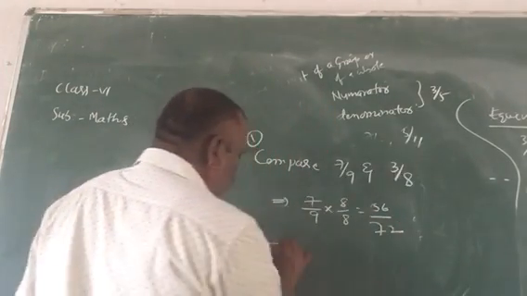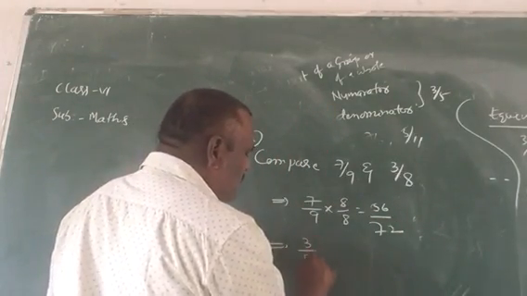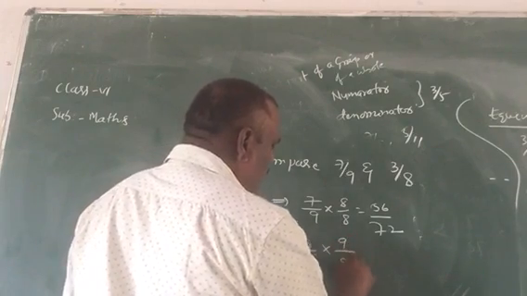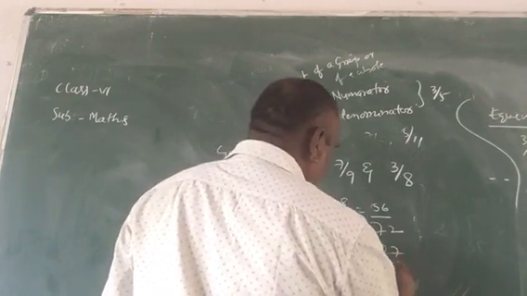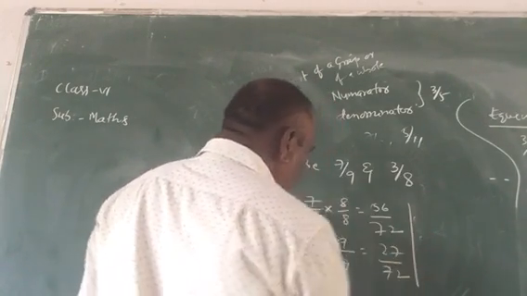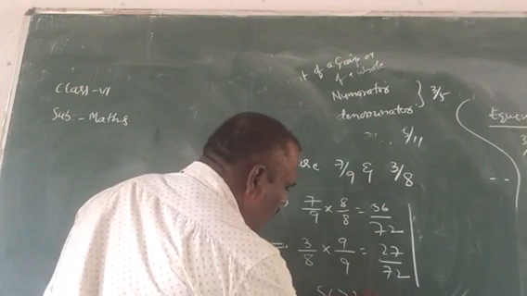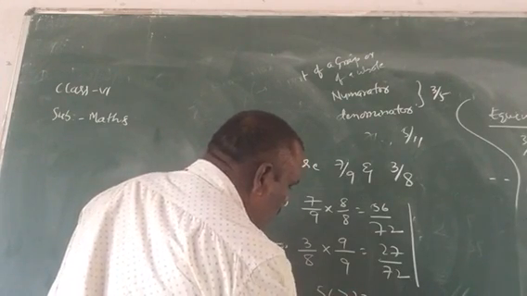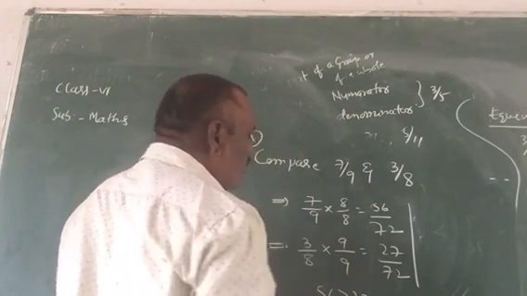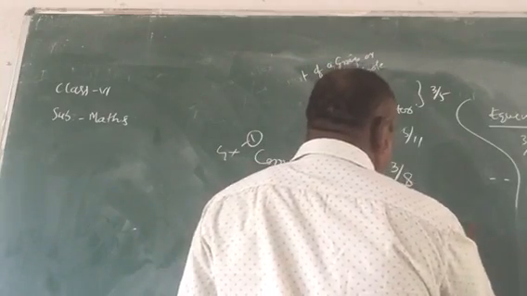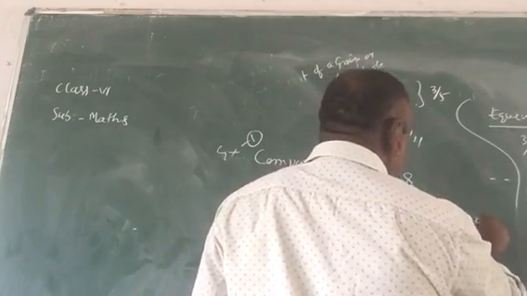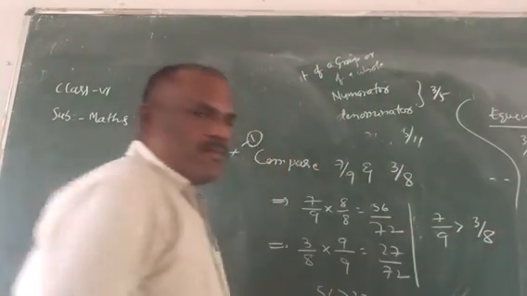Now the second one, 3 by 8 into 9 by 9, so 27 by 72. Now of these two, 56 by 72 is greater than 27 by 72. So no doubt, very clear, 7 by 9 is greater than 3 by 8.